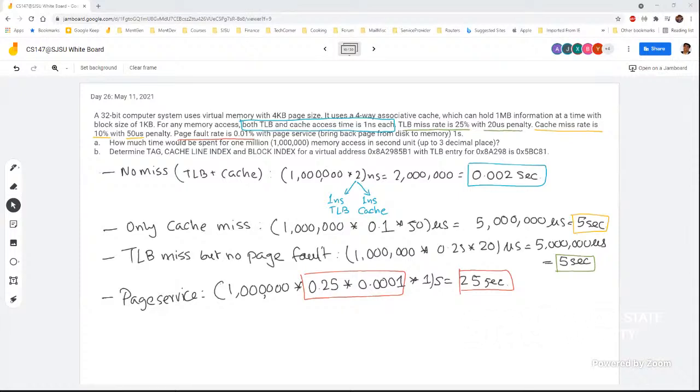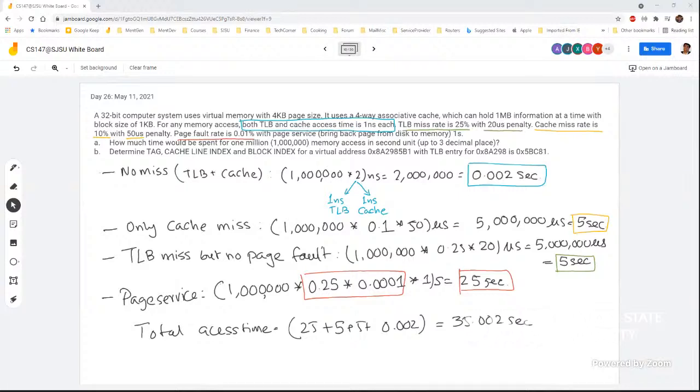But if there is no miss, then we are really blazing fast. Okay, so now you add up the entire thing. Total access time equals 25 plus 5 plus 5 plus 0.002, which is 35.002 seconds.